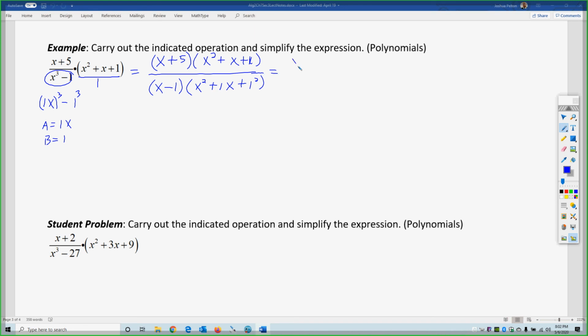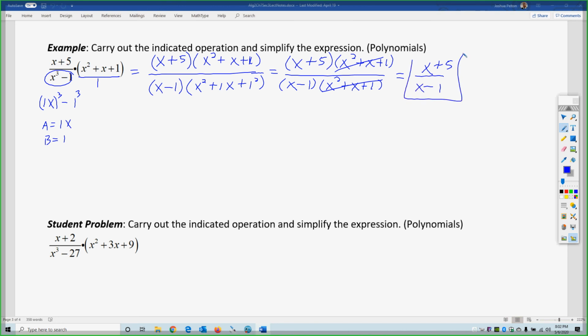So you really have x plus 5 and x squared plus x plus 1 over x minus 1, x squared plus x plus 1, which cancel, leaving us with a final term of x plus 5 over x minus 1, where x cannot equal 1 because of the x minus 1 denominator.